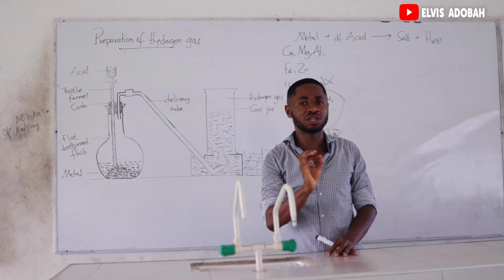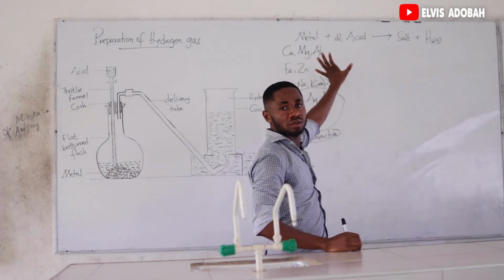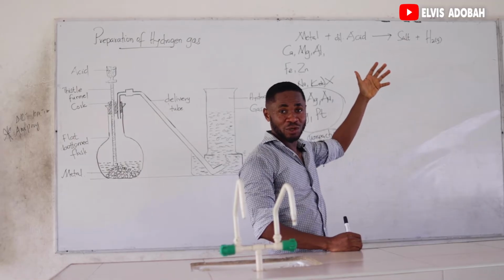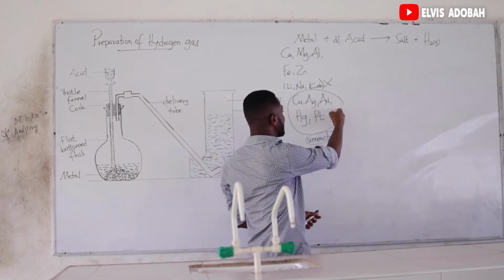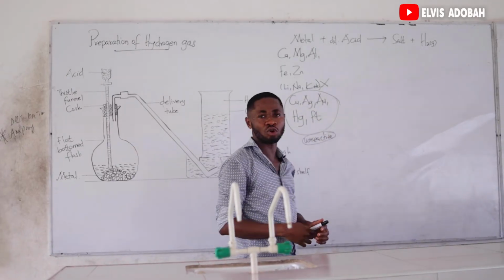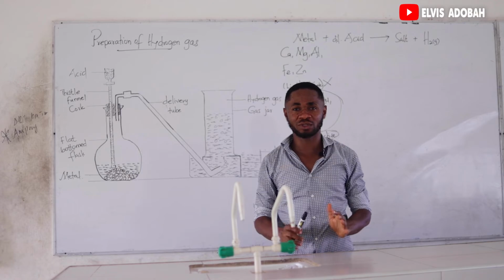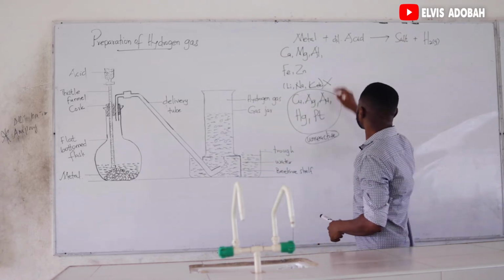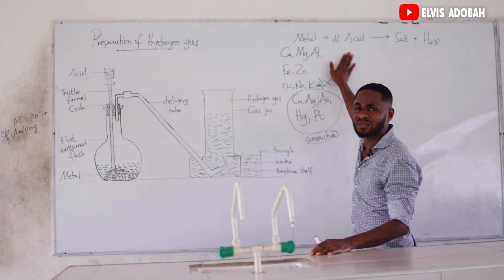You look at the general equation for these metals in the preparation of hydrogen gas. When you look at those equations, we will look at what is happening, and we are going to get clearly why these metals cannot produce hydrogen gas when they react with a dilute acid. That said, it's not any acid that can give us this result.